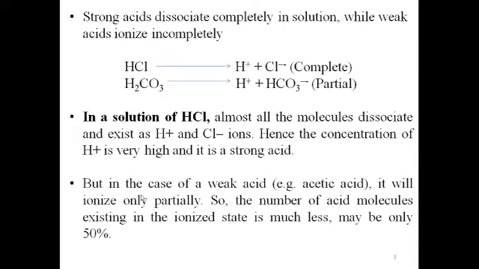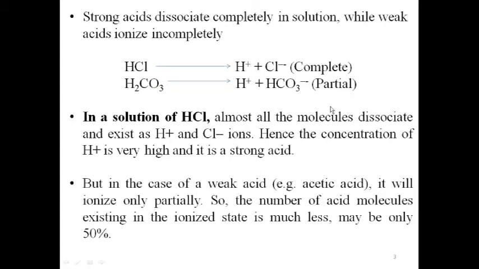HCl is a strong acid, and carbonic acid is a weak acid. HCl is dissociated into hydrogen ion and chloride ion, completely dissociated, and carbonic acid is dissociated into hydrogen ion and bicarbonate ion, partially dissociated.